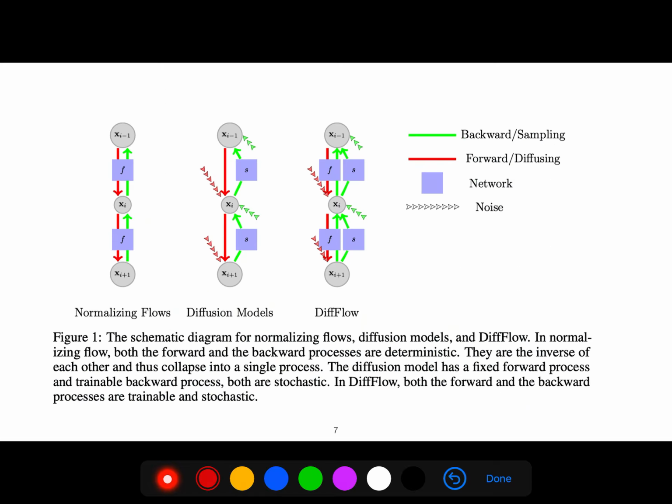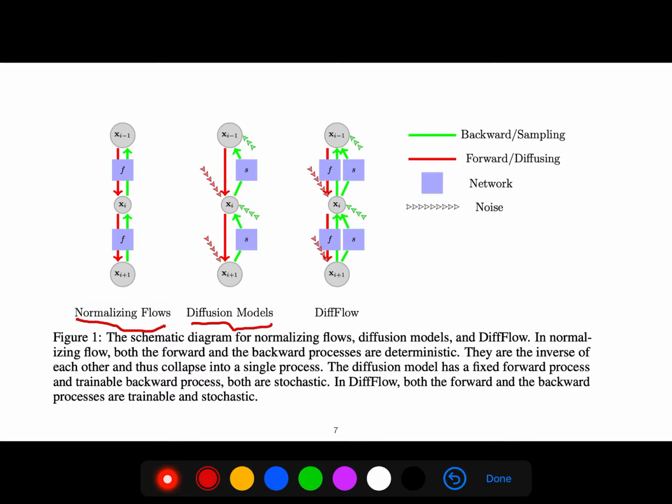So here you see a comparison of diffusion models and normalizing flows. In normalizing flow, both the forward and the backward process are deterministic. Even in flow matching, everything is deterministic. But they are inverses of each other and thus collapse into a single process in normalizing flow.